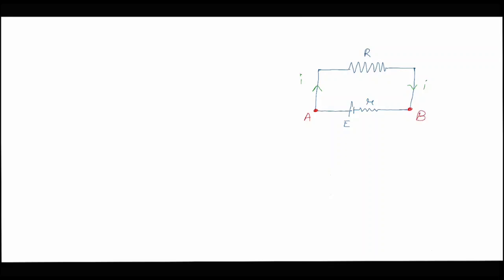So if we consider this problem, it is stating that the EMF of the battery E is equal to 10 volt. The internal resistance is equal to 3 ohm and a current of 0.5 ampere is flowing in the circuit. So from here we can say that E minus I small r is equal to the terminal voltage across the cell, and terminal voltage can also be written as I capital R, so I R is equal to E minus I r.